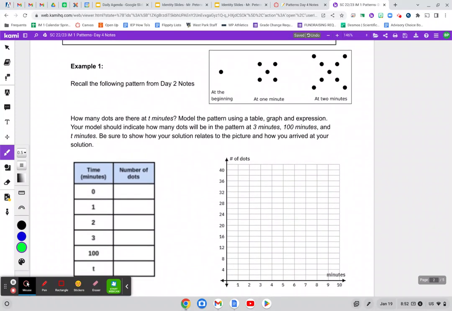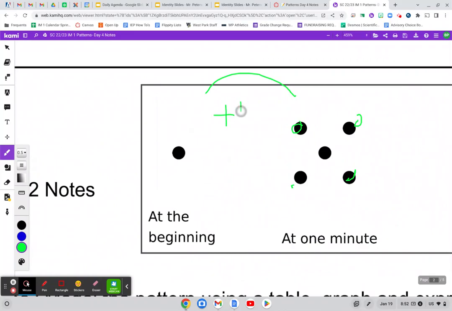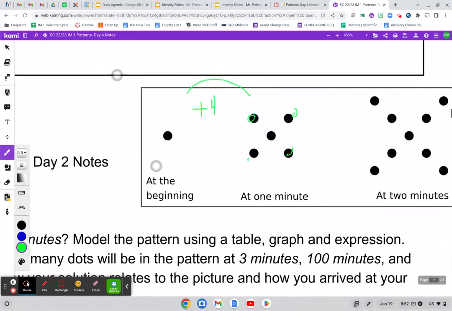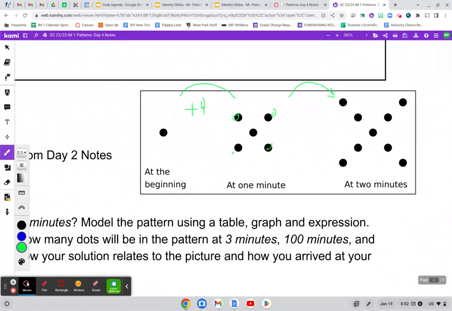And then let's take a look at example 1. So example 1 has us recall the following pattern from the day 2 notes. I think that you guys had noticed that basically we're just adding dots on each time. And from here to here, we added 4. From there to there, we added 4. And from here to here, once again, we add 4.